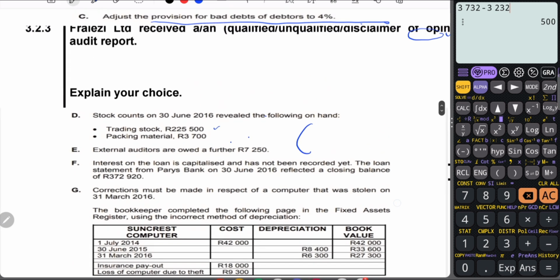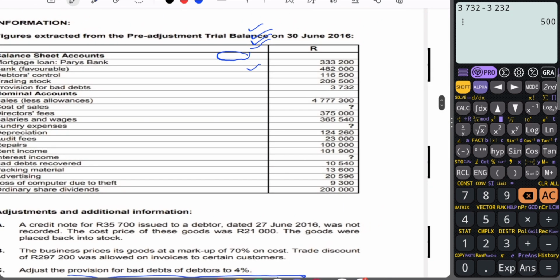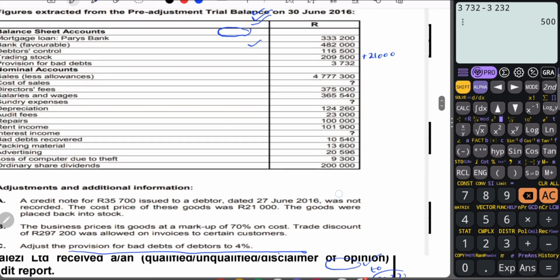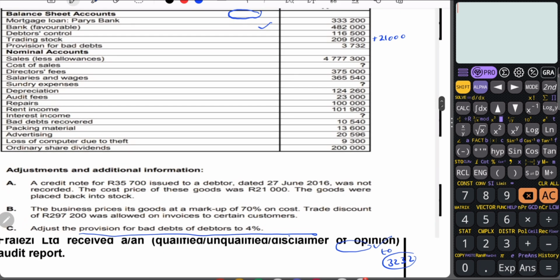Remember guys, we have our trading stock here. Here is our trading stock, and remember here I added the 21,000 for the stock that was returned. All right, now let's go to our income statement. Let me check it now.